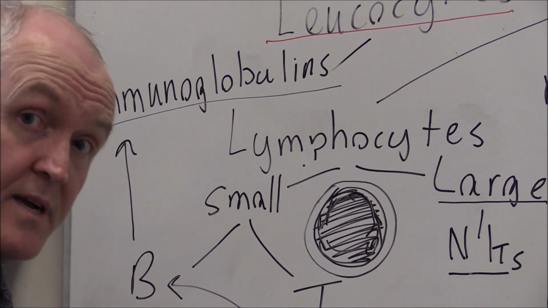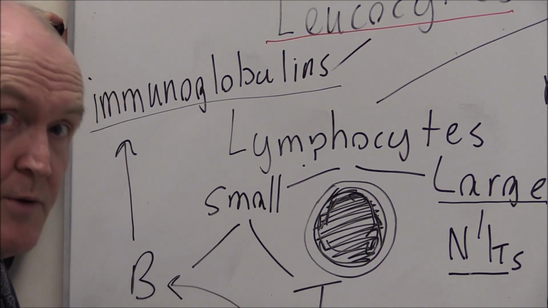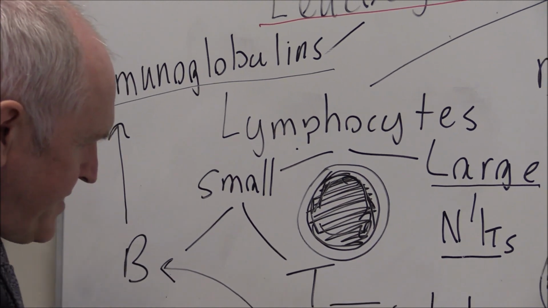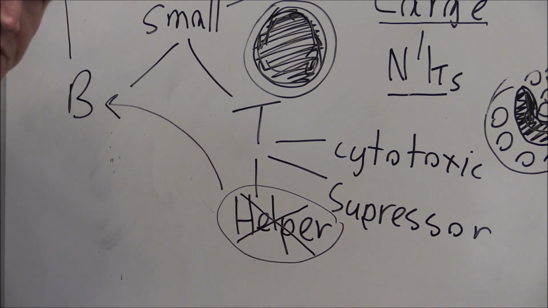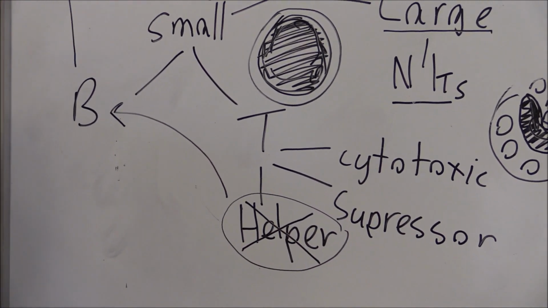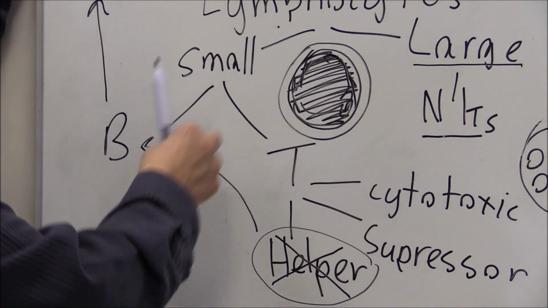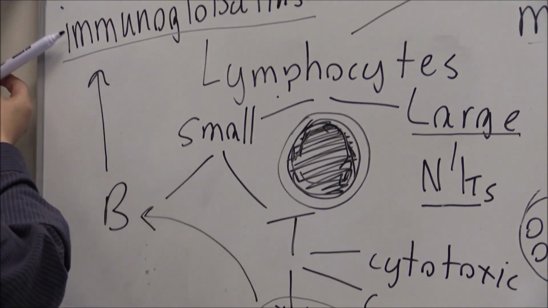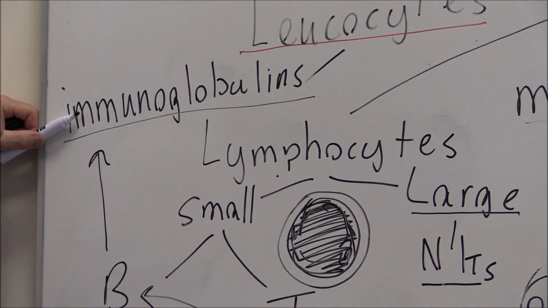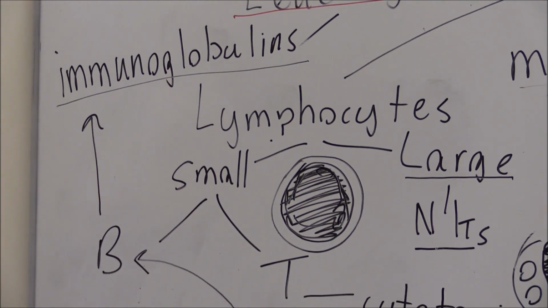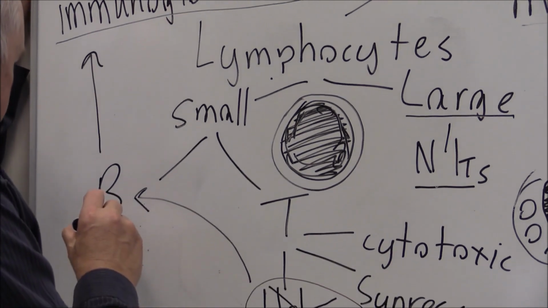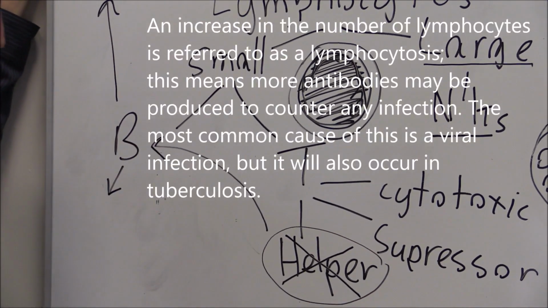So for example, if someone has HIV infection, human immunodeficiency virus infection, the HI virus primarily attacks the T helper cells, reduces the population of T helper cells, meaning the T helper cells no longer help the B cells to produce the immunoglobulins, meaning the patients become immunocompromised, get infections, and of course tragically that can include life-threatening infections.